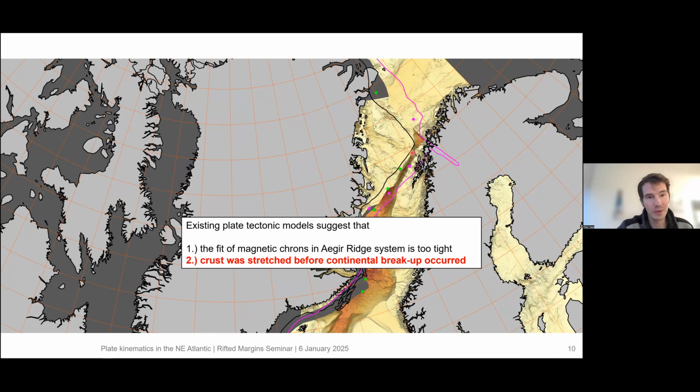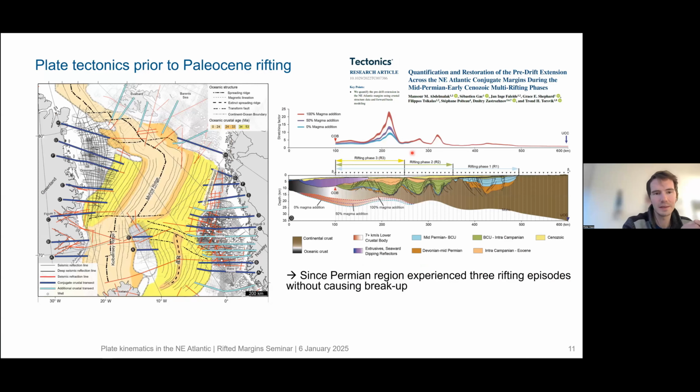The best way to quantify the amount of stretching is to use seismic data, or even better, to use interpreted stratigraphy of seismic data. And here I refer to a study by Mansour Abdel Malak et al., which was published 2 years ago in Tectonics. In this study, they used 8 seismic profiles on each side of the Northeast Atlantic, so conjugate profiles of the Norwegian and the Greenland part.